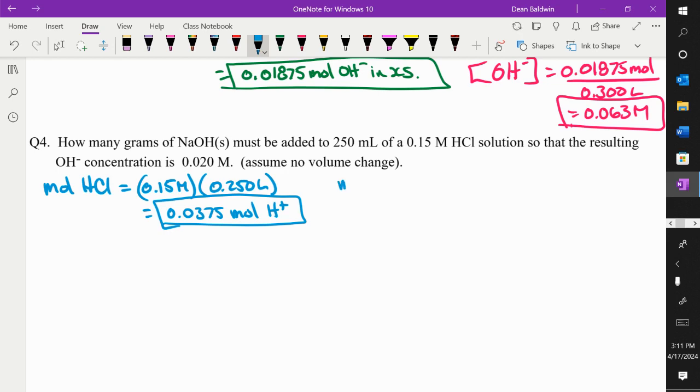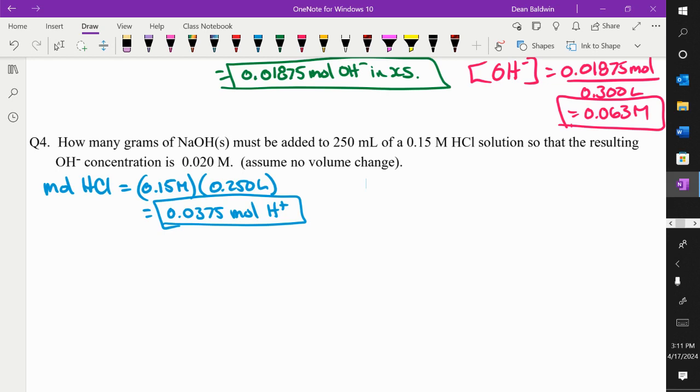Okay, so actually we have to do a thinking thing here. We're adding NaOH to a solution of HCl. So assuming I just want to neutralize the solution, how many moles of NaOH do I need to add? Same amount, right?